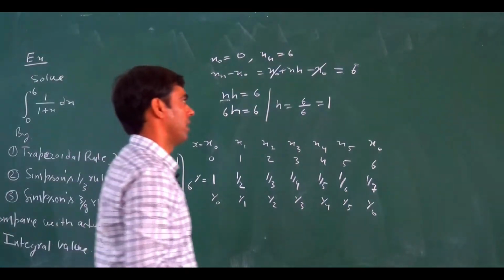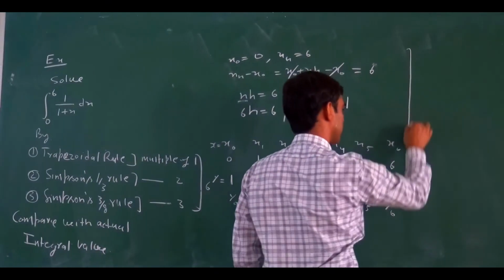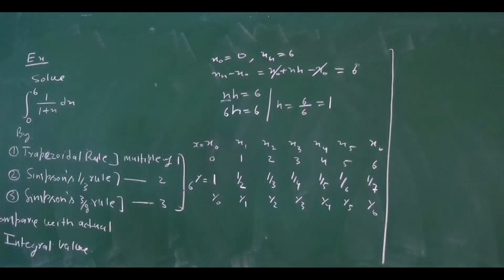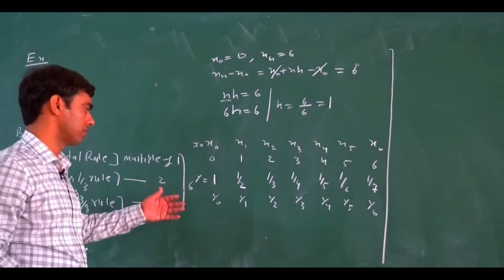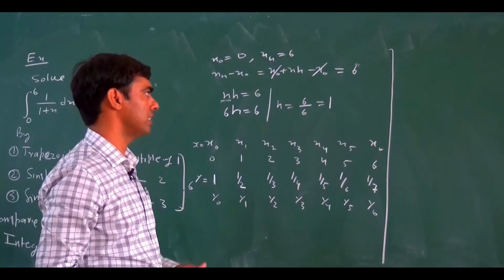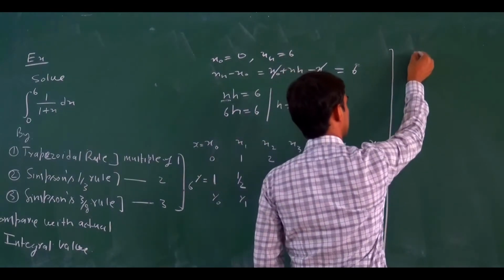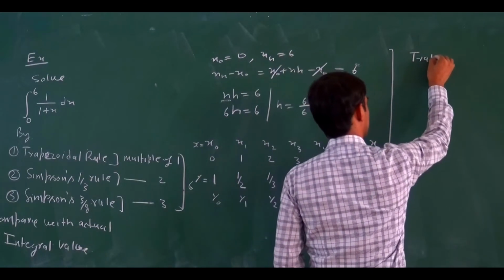Now we have almost done all the calculative parts, meaning the values of y and x that are needed. Now we apply all the formulas. What is the trapezoidal formula?